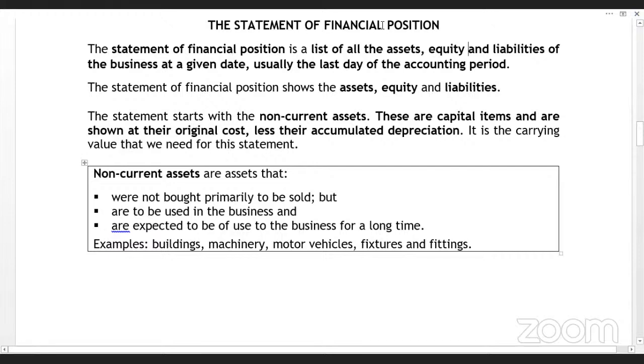What is the difference? Who can tell us what is the difference between current assets and non-current assets? How can you differentiate the two? Any trial? Members, what are non-current assets and what are current assets?